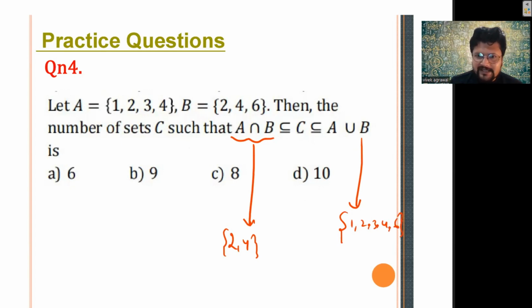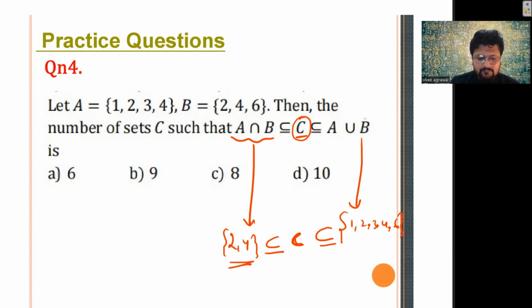Now we need a set C which will be bigger than or equal to A intersection B, and it should be less than or equal to {1, 2, 3, 4, 6}. So how many sets are possible here? 4C2 plus 4C3 plus 4C4. No, 5C2.